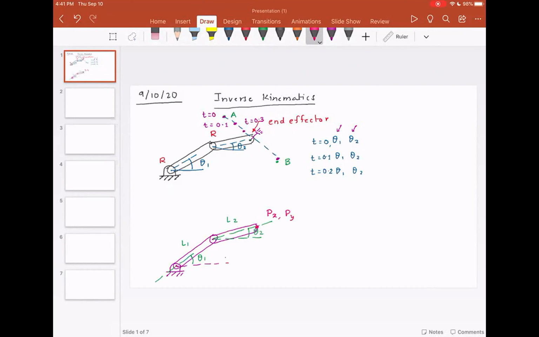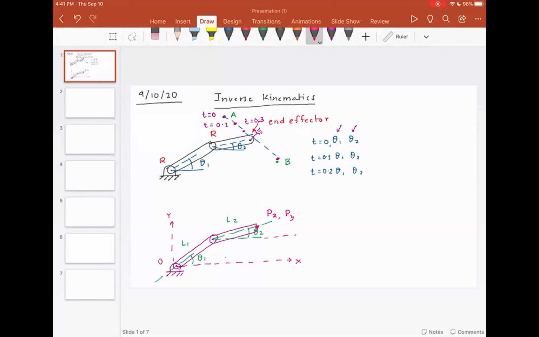Now, one thing I want you to note, which is not very clear, is that this theta 1 and theta 2 are both with respect to the datum, which means if you consider this horizontal line x and this vertical line y, they represent the coordinate system of the 0th frame.